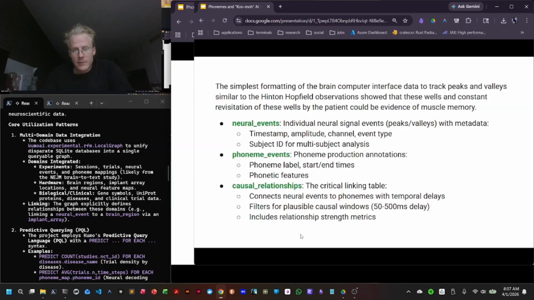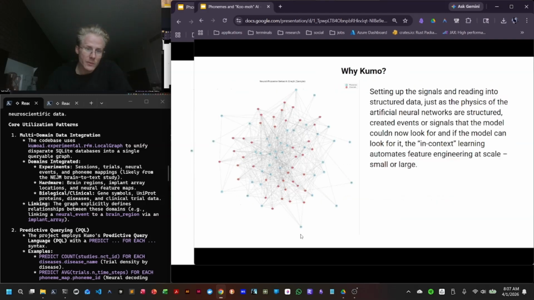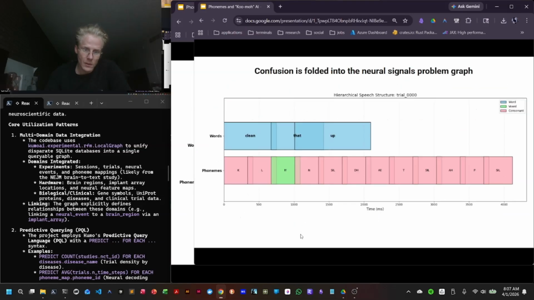So in this, we had to filter for the plausible causal windows and then include the relationship strength metrics, which is what we saw here, which is one tiny slice of one trial in one day. What we see is something cool, that the confusion of the language model is also something that can be modeled.